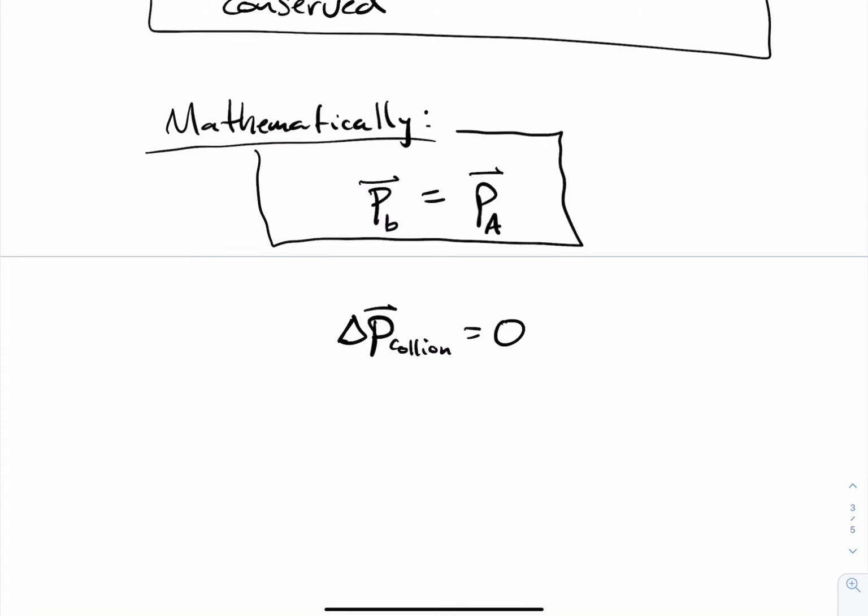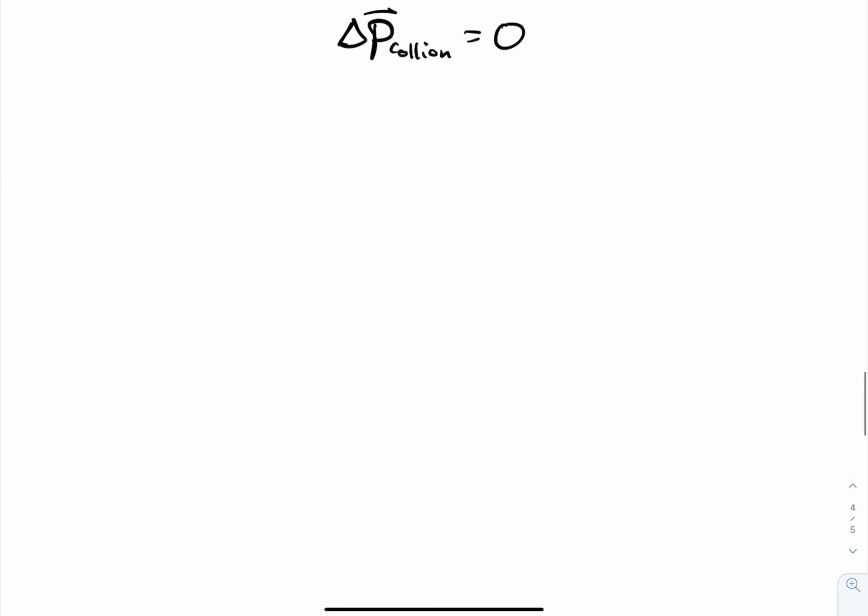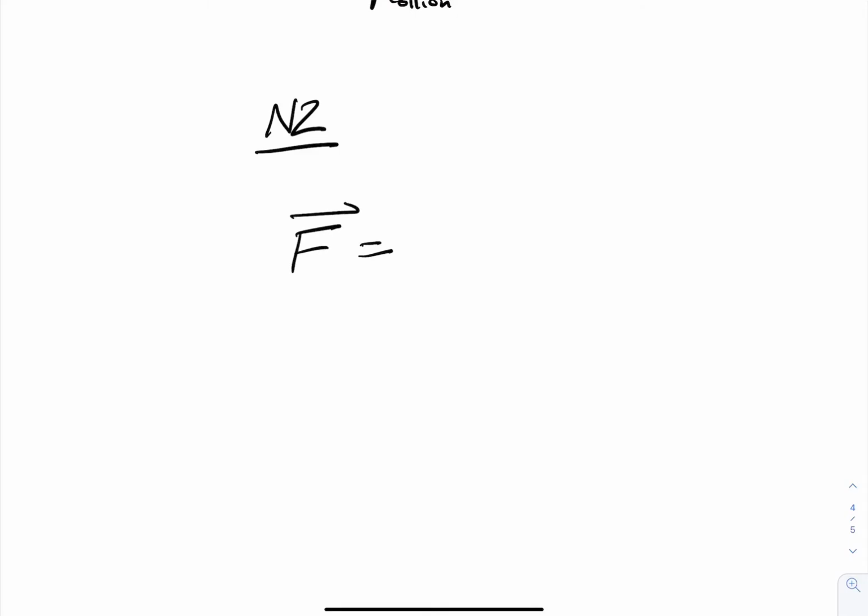Something interesting about momentum is that originally we thought momentum was a fundamental quantity. Remember way back when we talked about fundamental quantities of motion, velocity was one of our fundamental quantities that described motion or a change in position with respect to time. We originally thought that that was momentum. Even when Isaac Newton came along and created his second law, the way he really introduced his second law was like this.